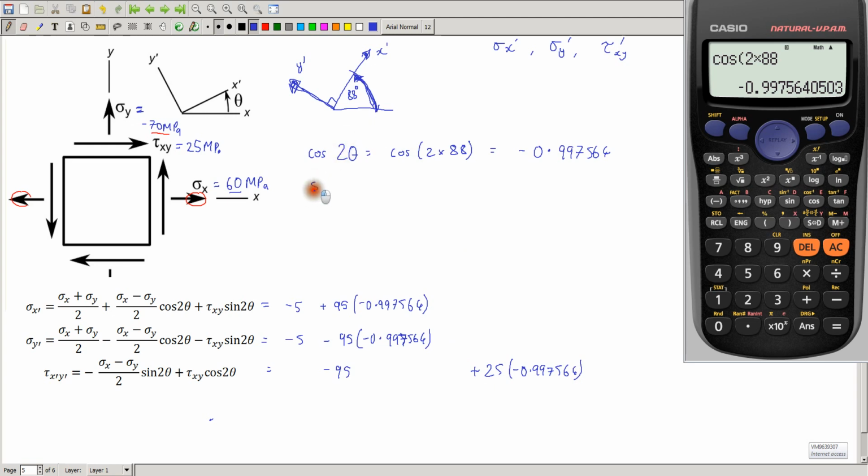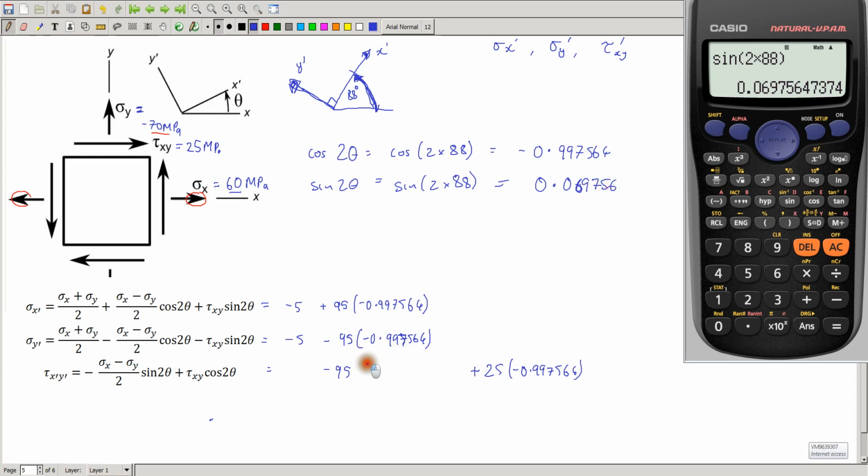Now let's work out the sine 2 theta. Okay, so that will be sine 2 times 88, which is 0.069756.